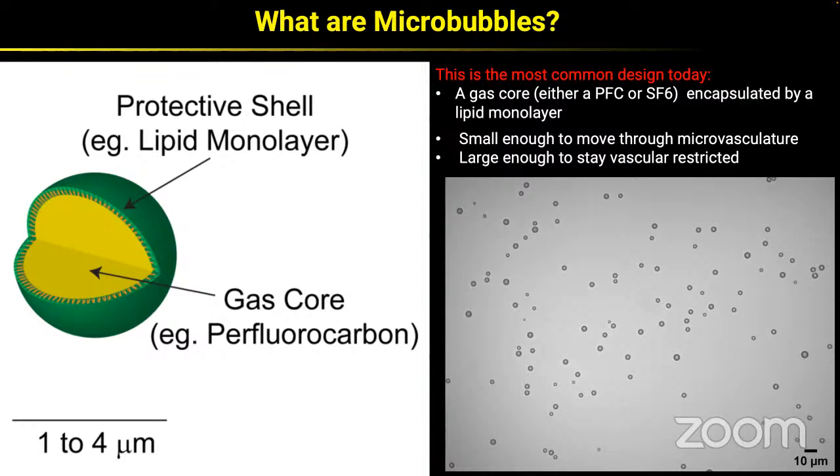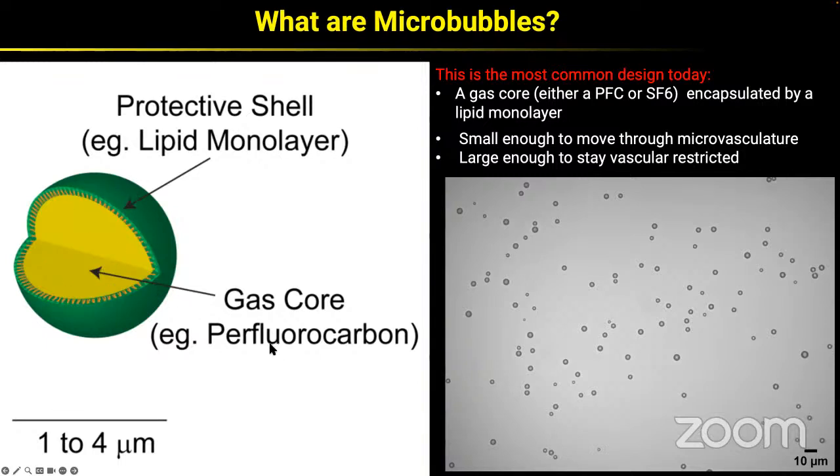They're so thick that we can actually use air as the gas inside the middle, which makes them really economical. Unfortunately, because the shell is so thick, they're really bad ultrasonic contrast agents, and that's why nobody uses them. But it's really neat that we can make them out of different materials and different gases.